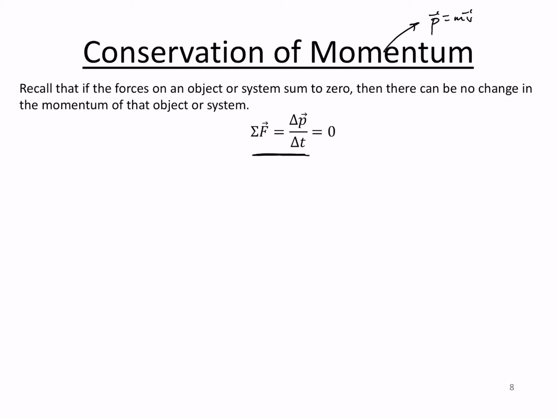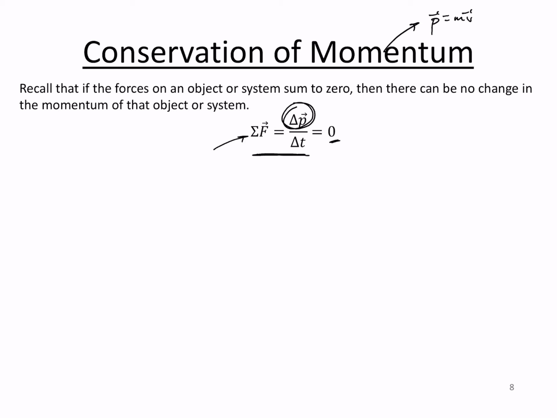over time. Now, if you have a situation where the sum of all of the external forces acting on an object is equal to 0, well then you can't have any change in momentum either. And when you have that situation, well, then you have conservation of momentum.